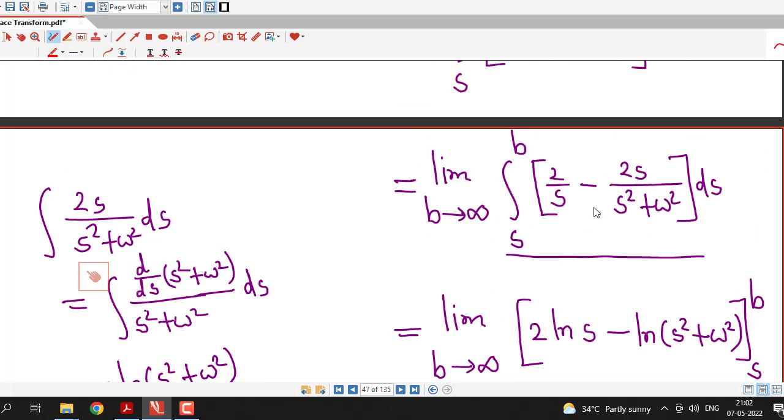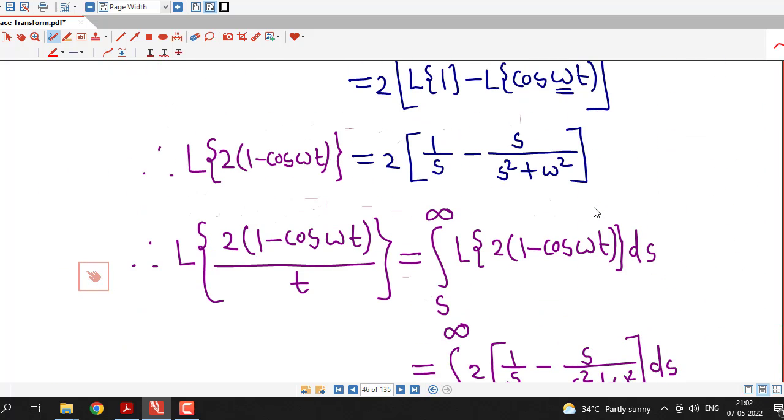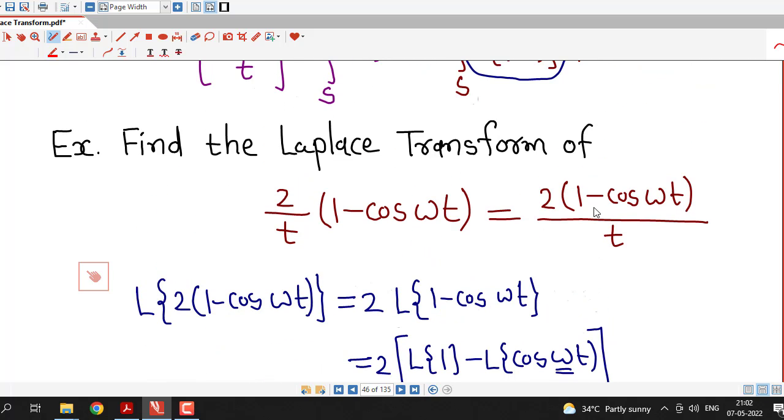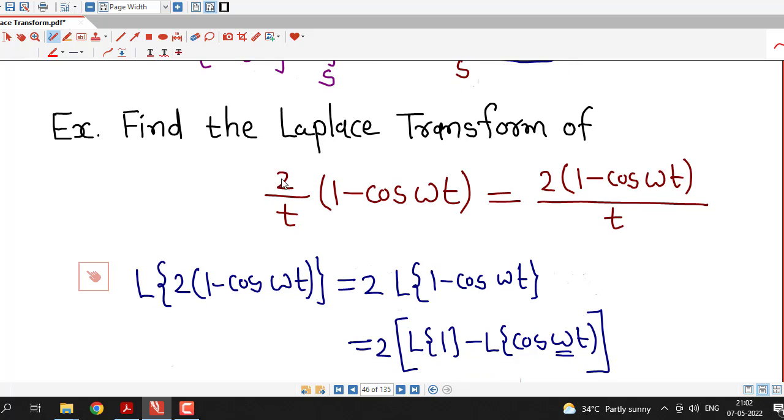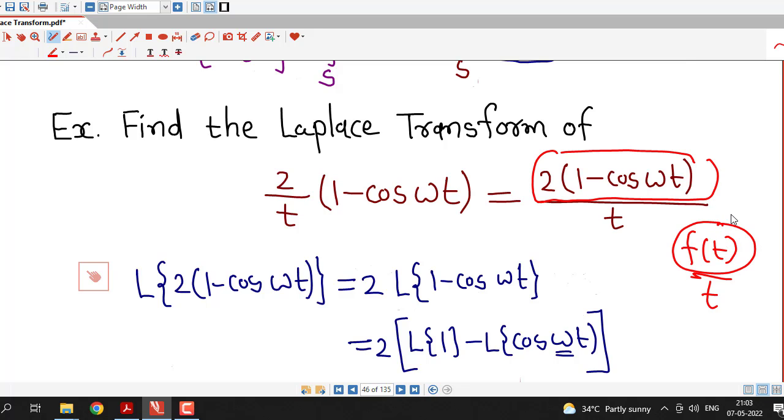In this way, if our function is divided by t, then we can find the Laplace transform of that type of function. For that we have to write our function in the form f of t divided by t. Then we find the Laplace transform of that function f of t.